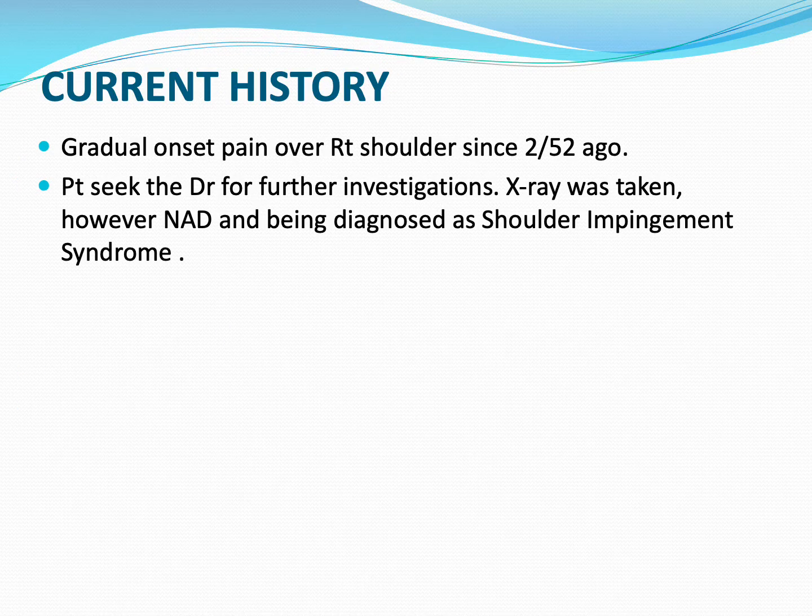For the current history, this patient has gradual onset pain over the right shoulder since 2 weeks ago. The patient sought the doctor for further investigation. Then an X-ray was taken, however no abnormality was detected. And this patient was diagnosed with shoulder impingement syndrome.